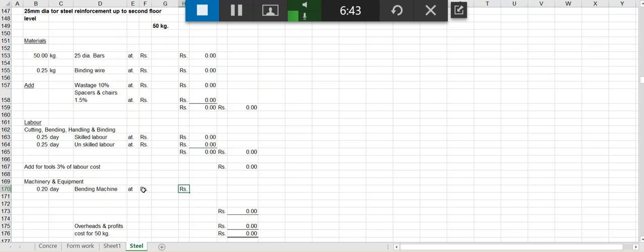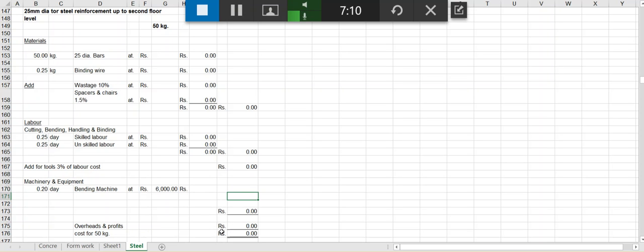Bending machine rate you can consider as 6,000 per day for the moment. So please add this to your price list. So the machinery rate might be 6,000 per day, and based on that you can come up with the machinery and equipment cost as well.